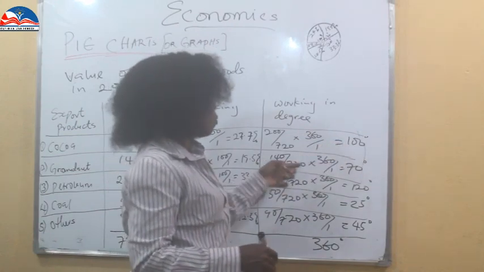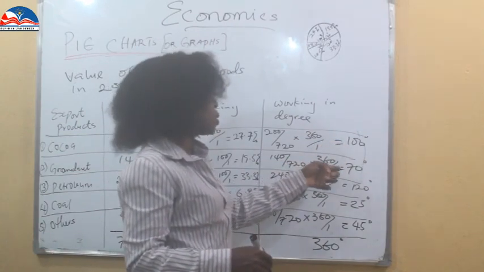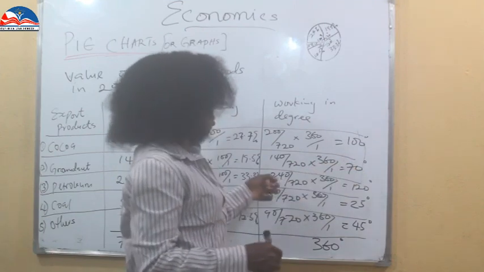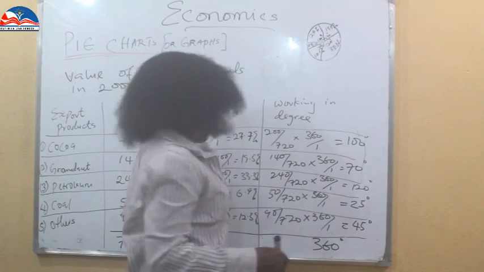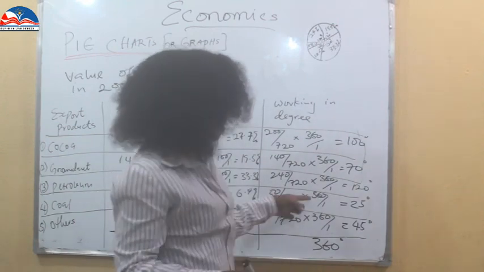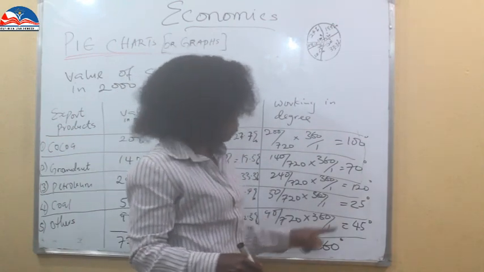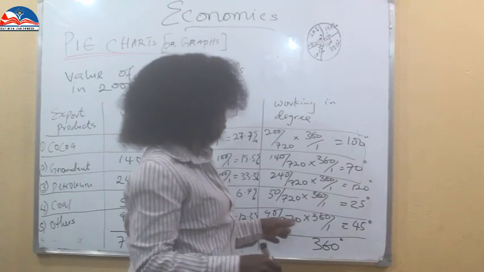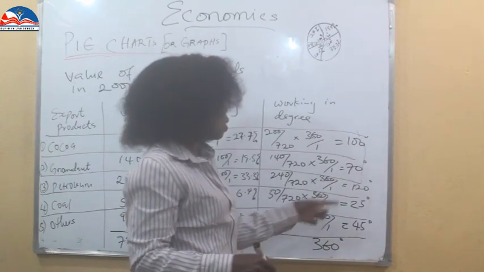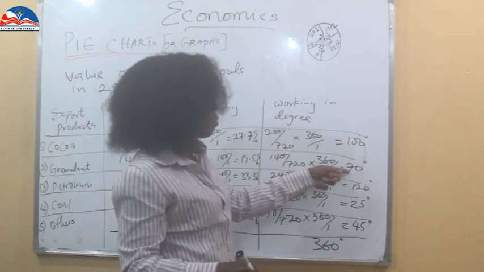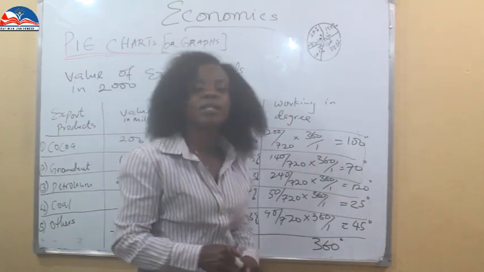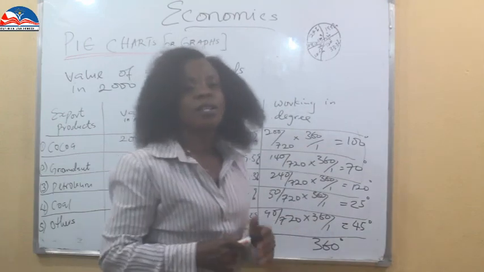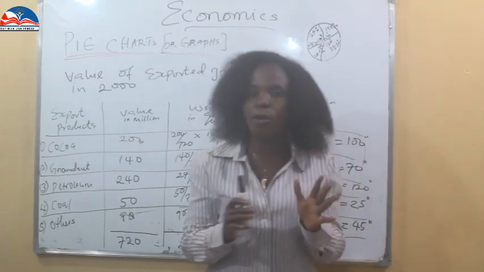Same thing for 140 over 720 times 360 divided by 1 will give you 70 degrees. 240, which is the product of petroleum, over 720, which is the sum total of what we have here, times 360 over 1 will give us 120 degrees. Same goes here, 90 over 720 times 360 over 1 gives us 45. 100 plus 70 plus 120 plus 25 plus 45 should give you 360 degrees. If it gives you that 360 degrees, know that your workings are correct.